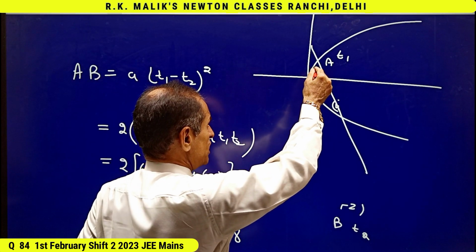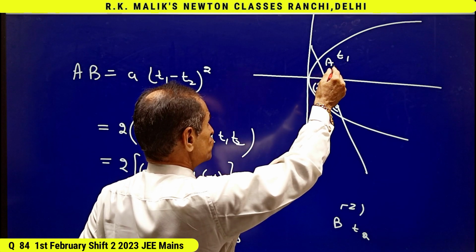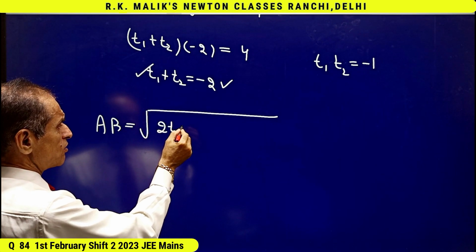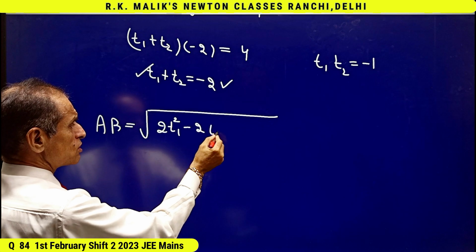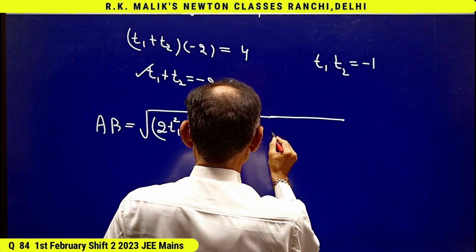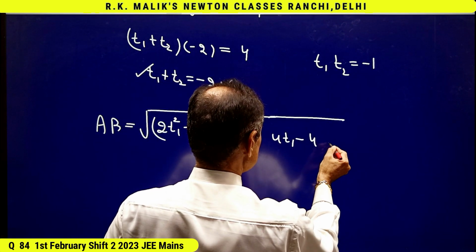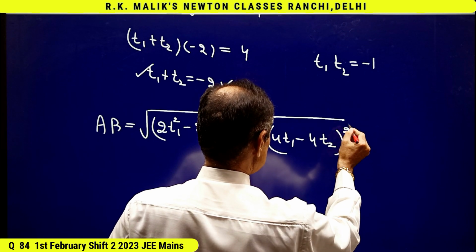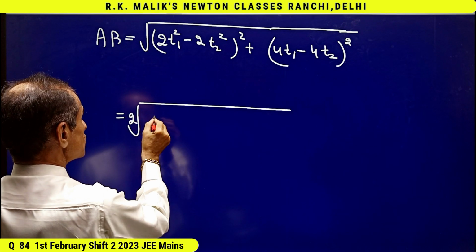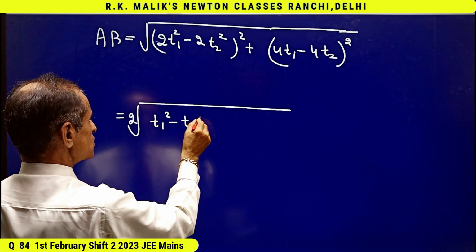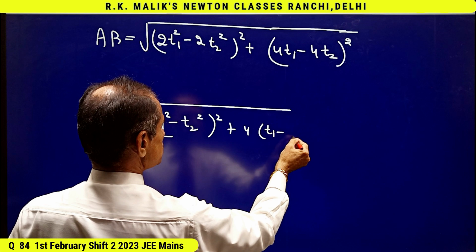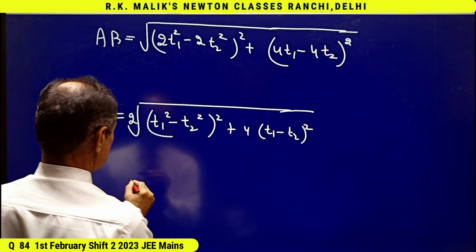This point has coordinates 2T1 square, 4T1, and the other 2T2 square, 4T2. So it is 2T1 square minus 2T2 square whole square plus 4T1 minus 4T2 whole square, equal to under root of T1 square minus T2 square whole square plus 4 into T1 minus T2 whole square.